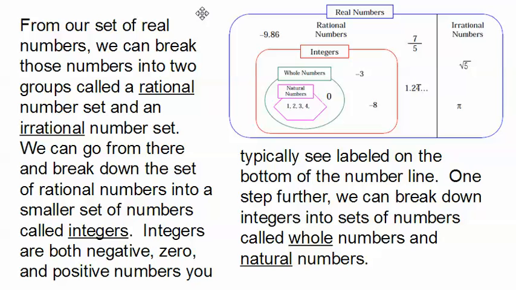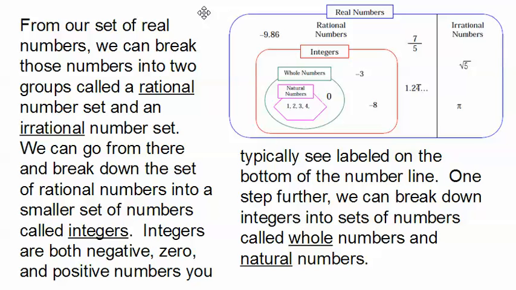Now, from our set of real numbers, we can break those numbers into two basic groups called rational numbers and irrational numbers. We can go from there and break down the set of rational numbers into smaller sets of numbers called integers.